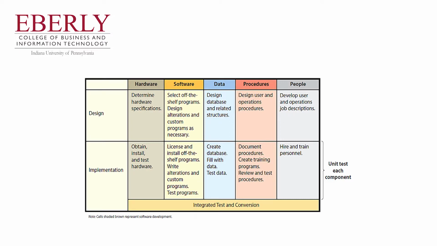If the latter, then procedures for using the system need to be developed, and it is possible that business processes that surround the system will be needed as well. With regard to people, design involves developing job descriptions for the various roles. This description will detail responsibilities, skills needed, training required, and so forth.